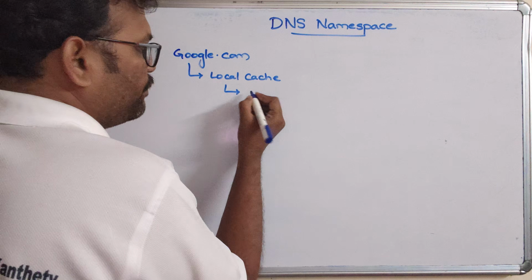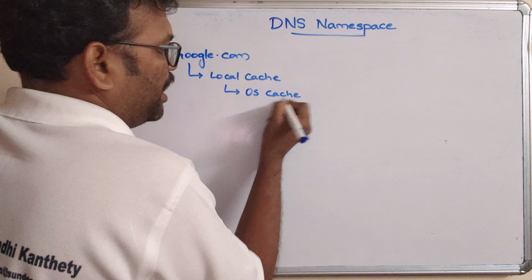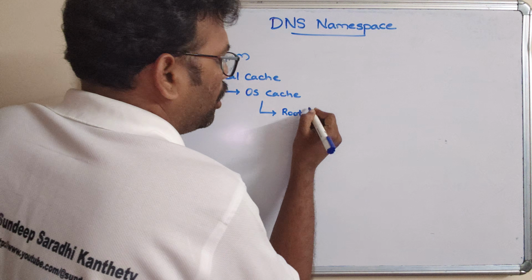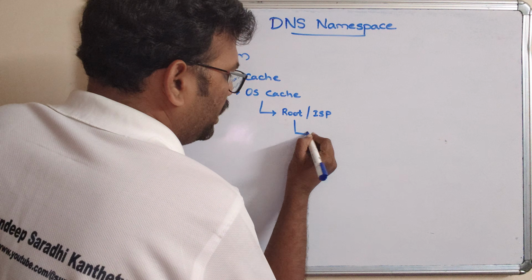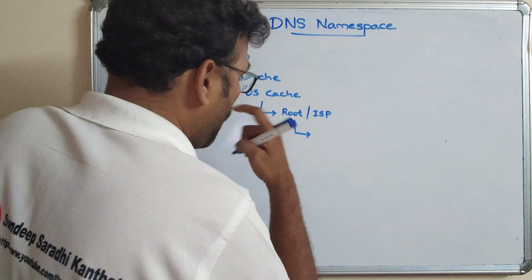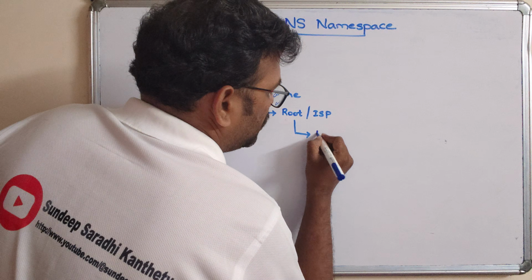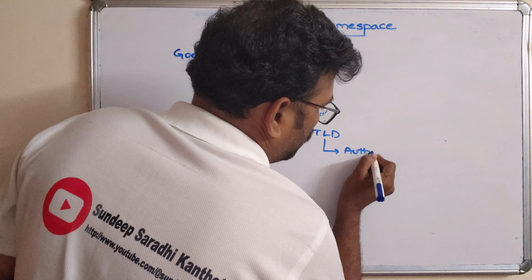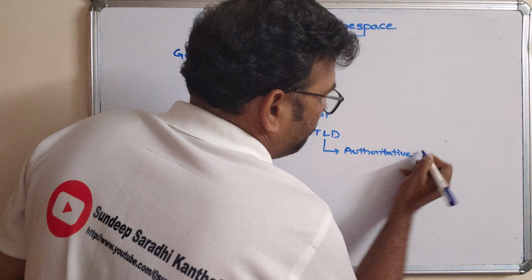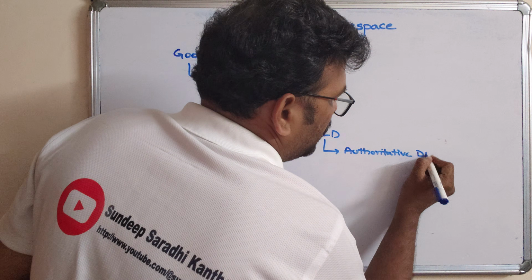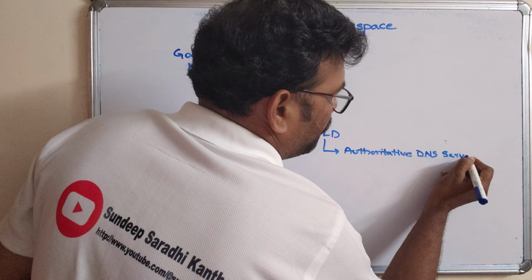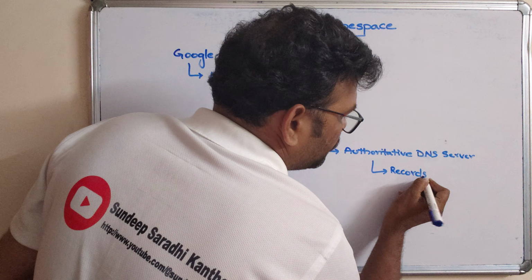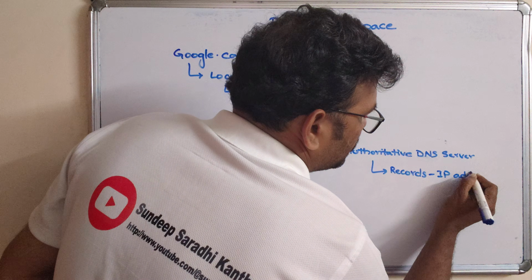If not found, it will check with the OS cache, and if it is not found, it goes to the root or internet service provider, and then it moves to the top level domain server, and from here it goes to the authoritative DNS server, and from here it will collect the records, which is the IP address.